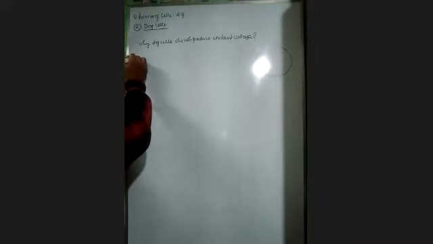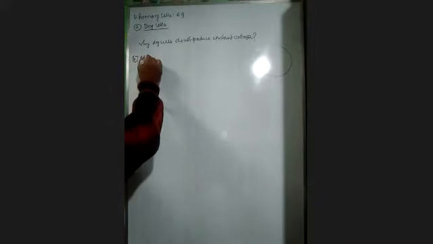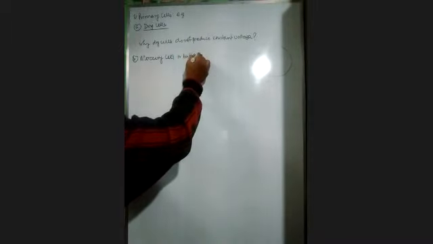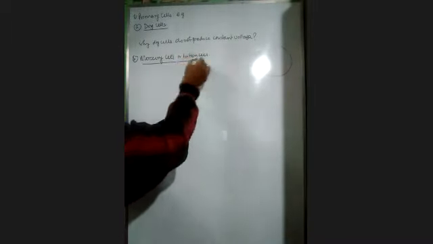So I'm going to write now the second one: mercury cell. Look at the book. Or button cell. Here also you will find, okay, I try to draw it.